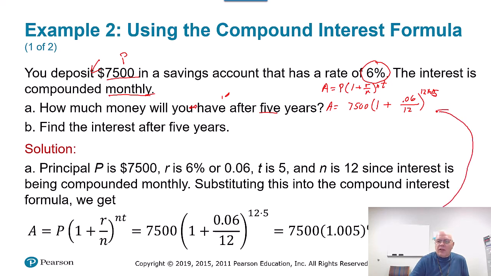This is how you do the calculation using that formula. Now, the second part is find the interest after 5 years. Well, if we started with $7,500 and we ended up with $10,116.38, subtract those, and that's how much interest was added to the $7,500.